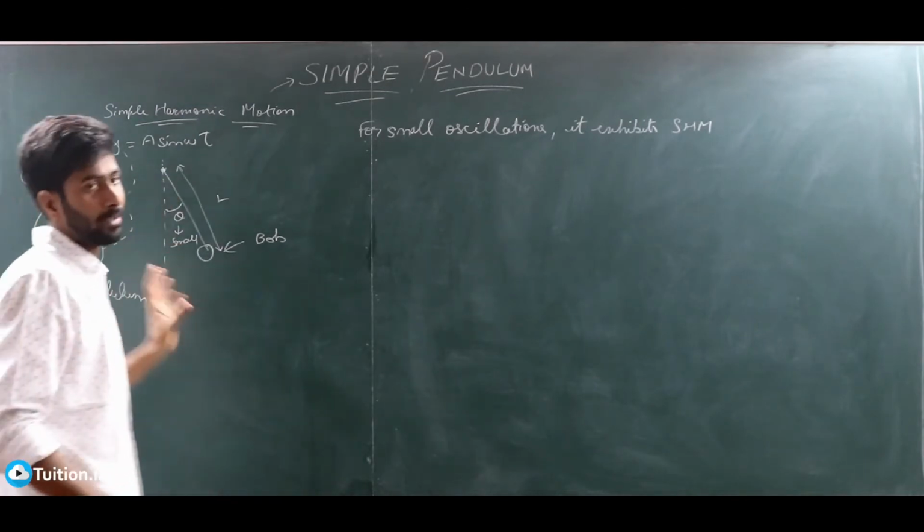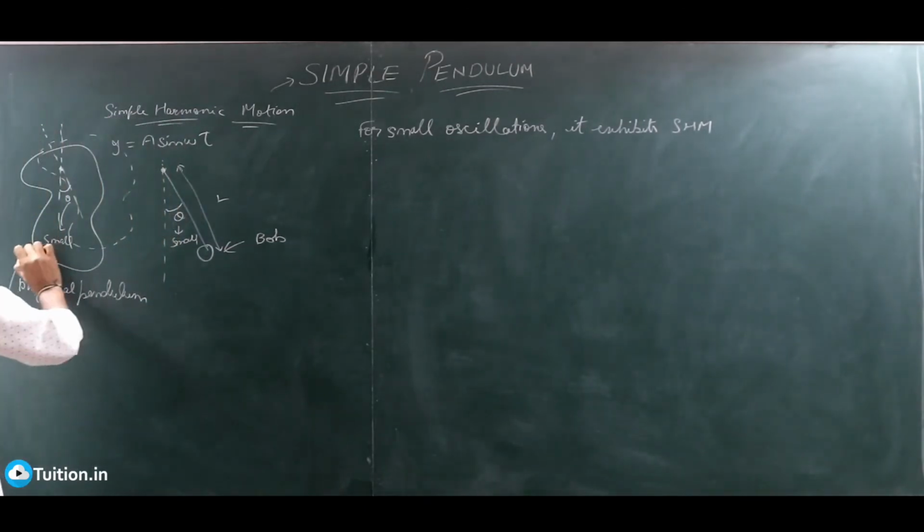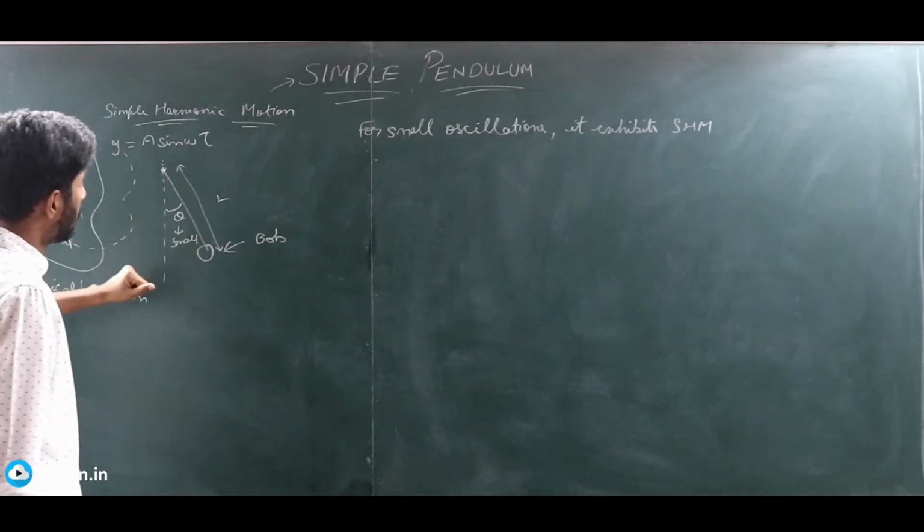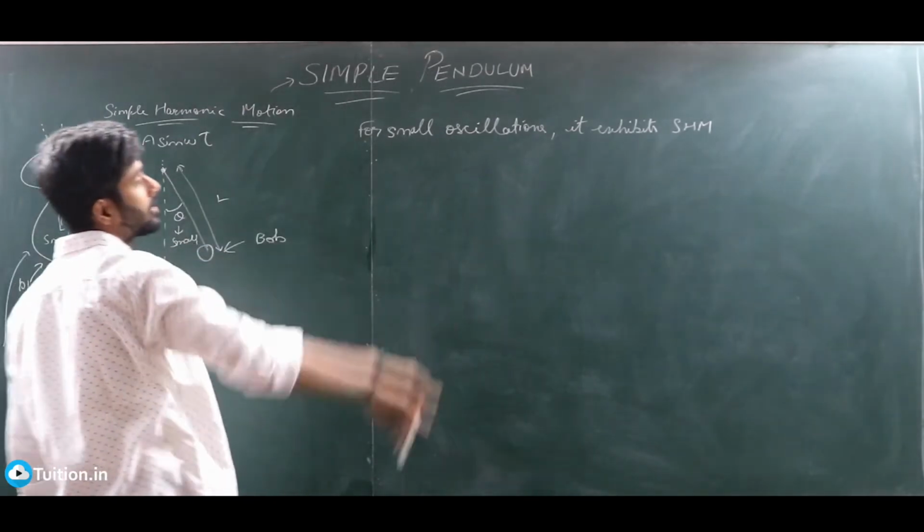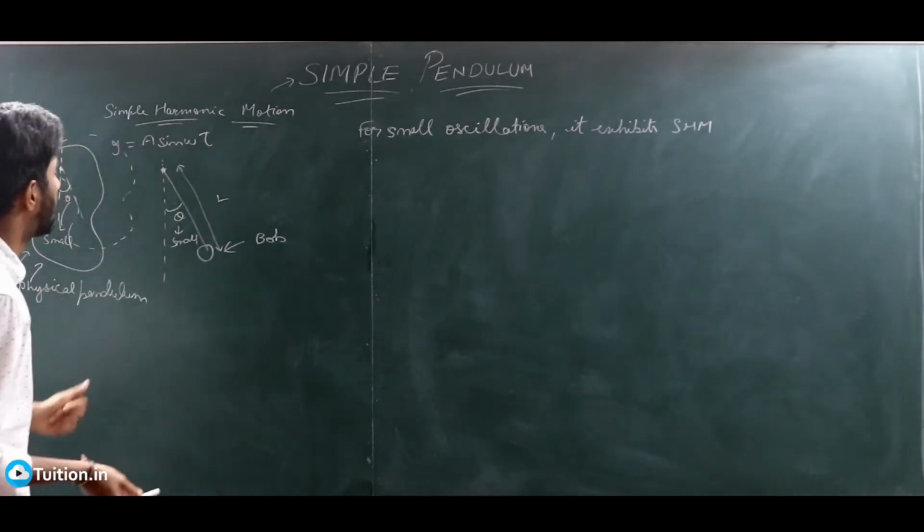Then they will exhibit simple harmonic motion. We won't be deriving the formula for this one, but for this one we will derive the formula. You will also understand why only for small oscillations it exhibits SHM and not for big ones.